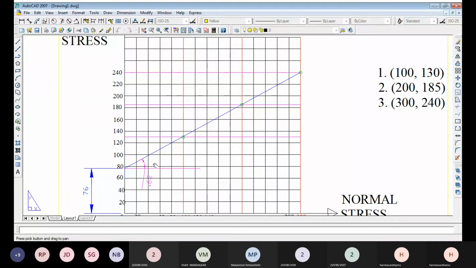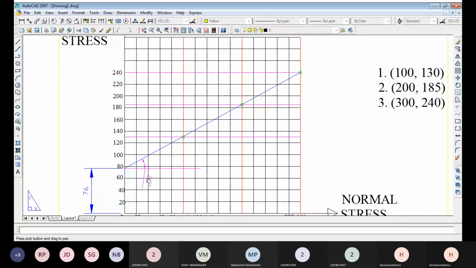At the end of a direct shear test, you will get these values: first trial, normal stress, second trial, third trial, and for each trial, at what value of shear stress the sample has failed. After you get these values, you will plot the graph and find shear parameters. These shear parameters are used in many calculations, such as earth pressure and bearing strength.